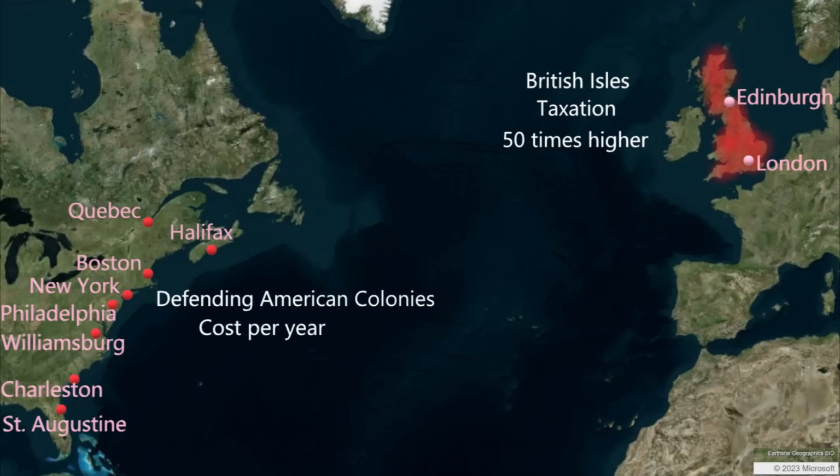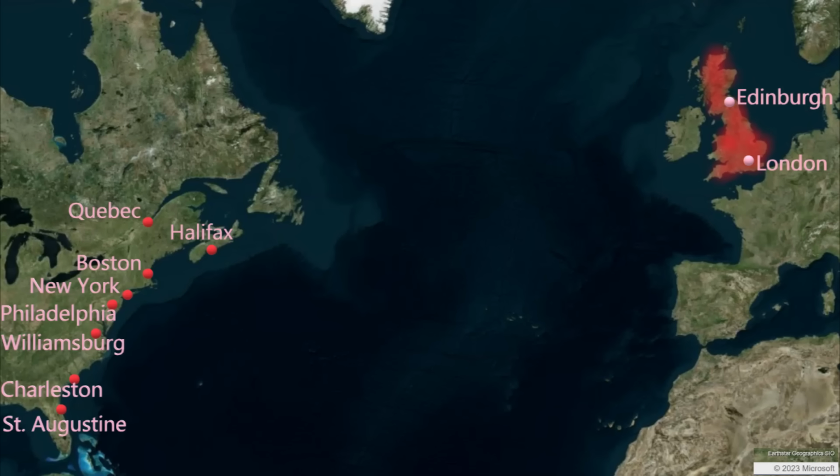The cost to protect the frontier in the American colonies was measured in the hundreds of thousands of pounds each year. In London, from Parliament's perspective, it makes logical sense to apply taxes in America that are already being applied at home on the British Isles.